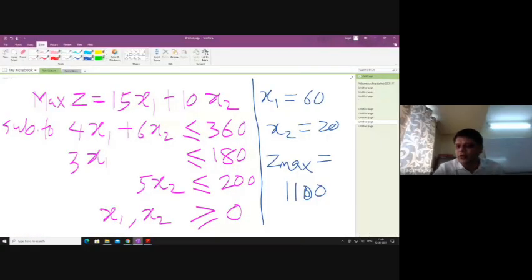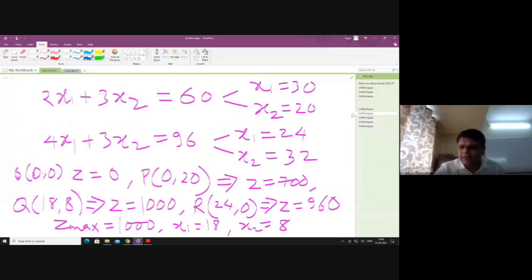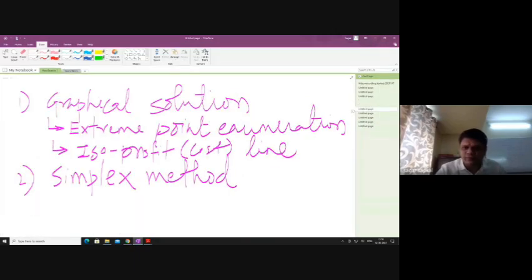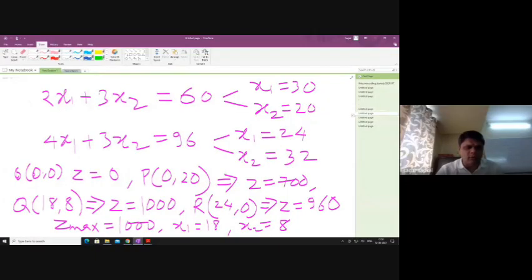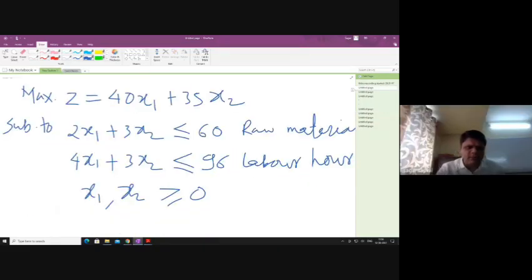Now yesterday we solved some more problems. Which one? This problem we have solved. Yes or no? The first one which you have already taken. Yes, sir. So can you draw the isoprofit line?